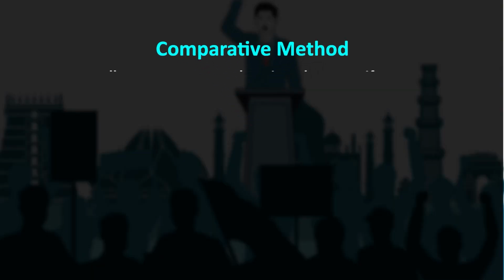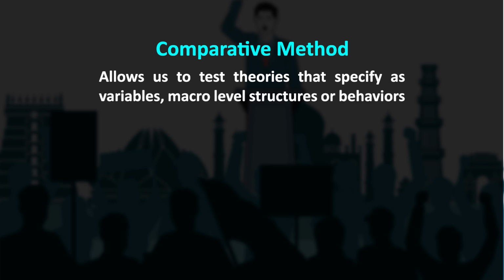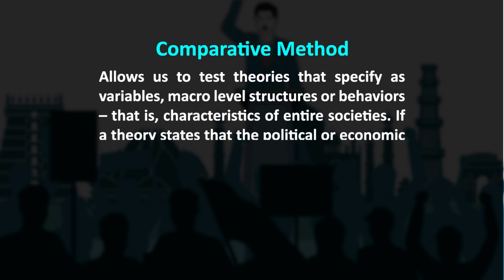It is not at all uncommon for propositions to be stated as if they apply to all societies, but such propositions have often not been actually tested cross-societally. The comparative method also allows us to test theories that specify as variables macro level structures or behaviors, that is, characteristics of entire societies.